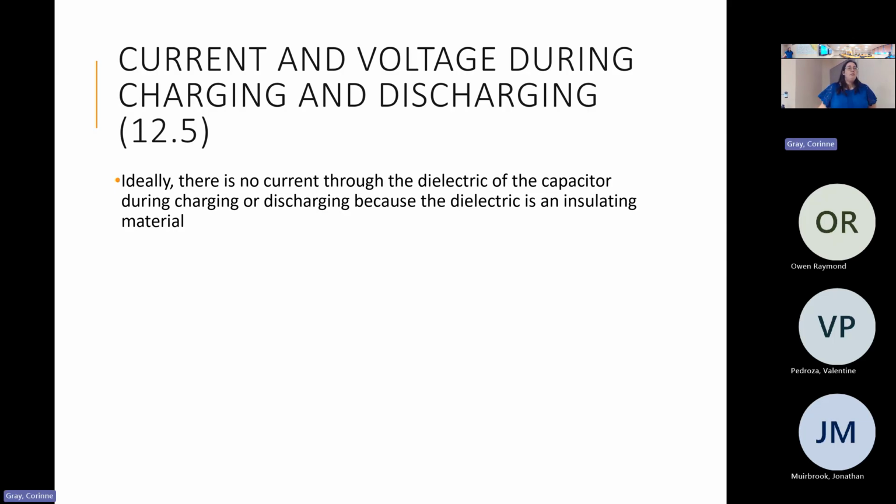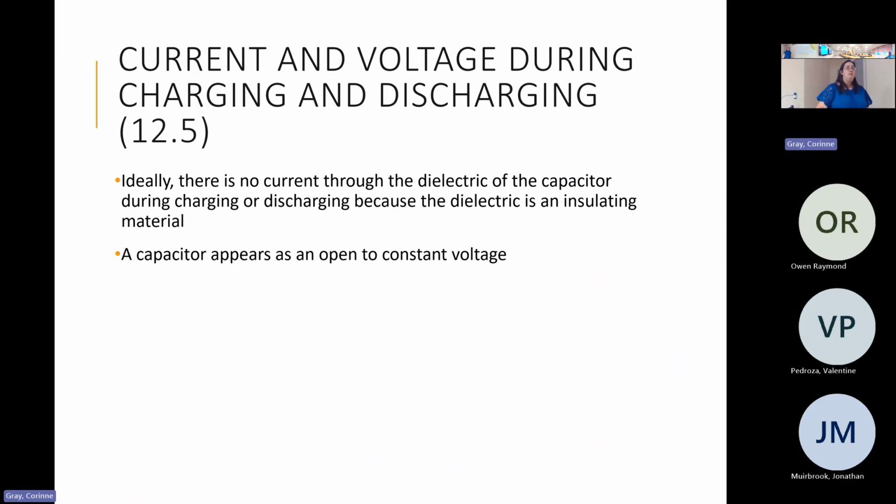Because we're going to be looking at AC in a little bit, for a constant voltage source, like DC batteries or whatever it is, our capacitor is going to appear as an open because of this idealization that we're using.